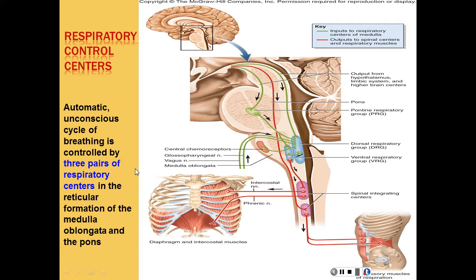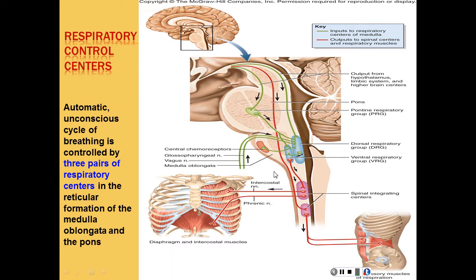The three parts of the respiratory centers that help with controlling the unconscious cycle of breathing are located in the reticular formation of the medulla as well as the pons.